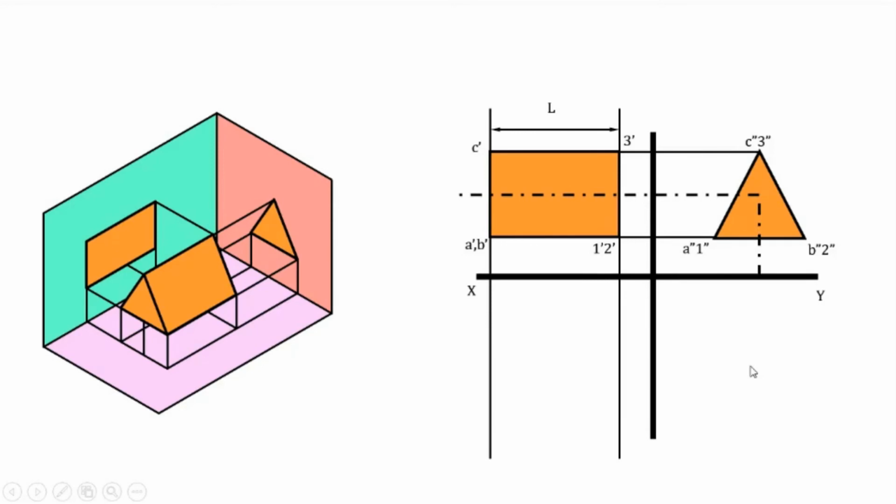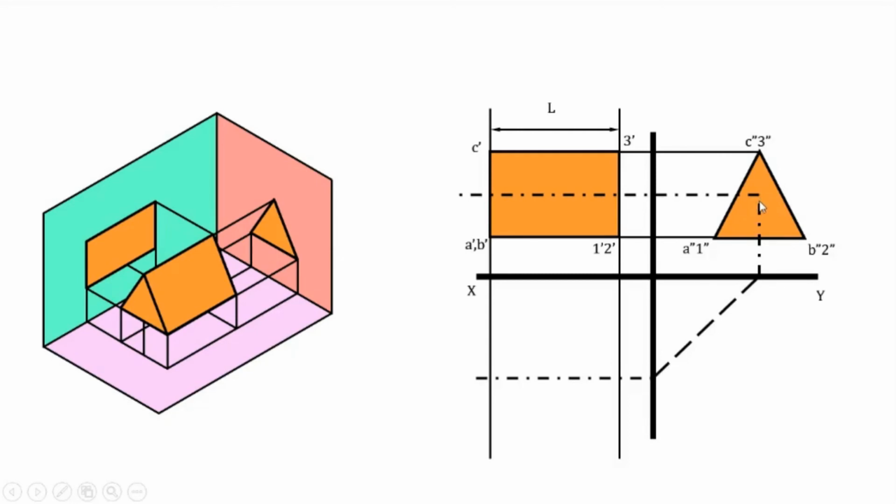Now, in order to get the top view, this angle is 45 degree. When you draw the side view, you usually use an arc from here, or you can draw a line at an angle of 45 degree, which will also give you the same point.